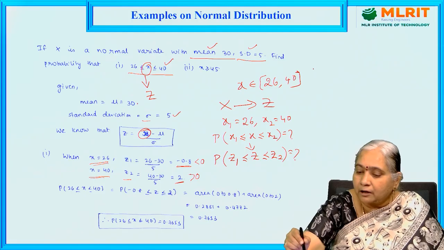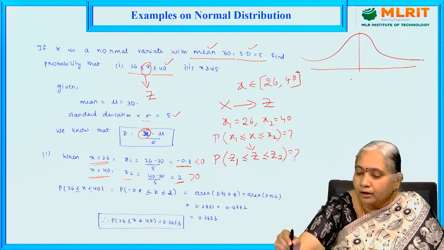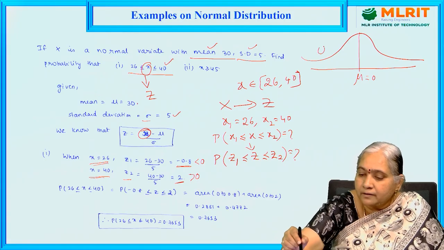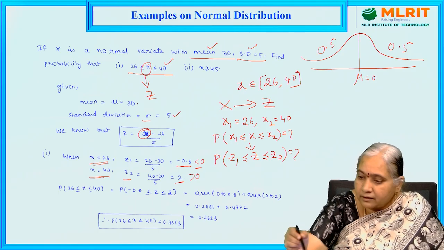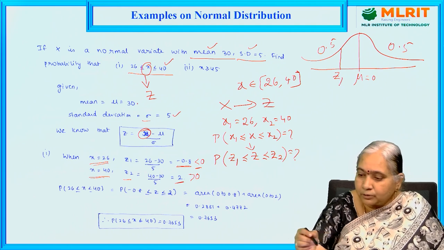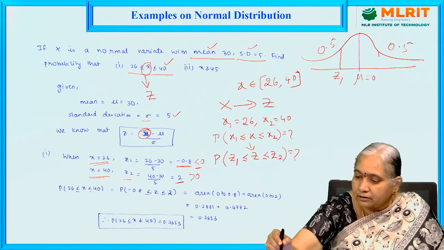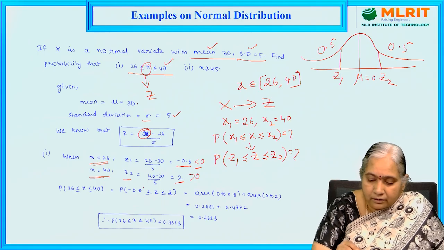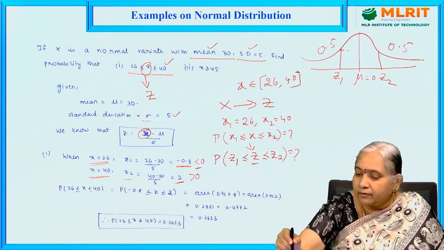Now draw the normal curve. Mu is equal to 0, with 0.5 probability on either side of the mean. Z1 is less than 0, so draw the vertical line Z1 to the left of the mean. Z2 is greater than 0, so draw the vertical line Z2 to the right of the mean. Now what is the probability of Z which lies between Z1 and Z2?